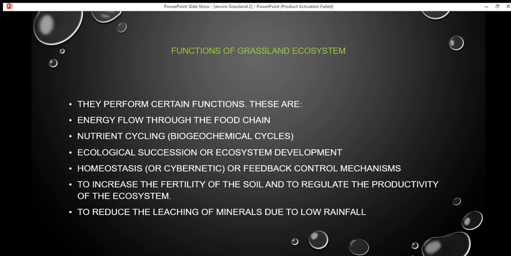These are energy flow through the food chain, nutrient cycling, biochemical cycles, ecological succession or ecosystem development, homeostasis or feedback control, to increase the fertility of soil and regulate the productivity of the ecosystem, and to reduce the leaching of minerals due to low rainfall.